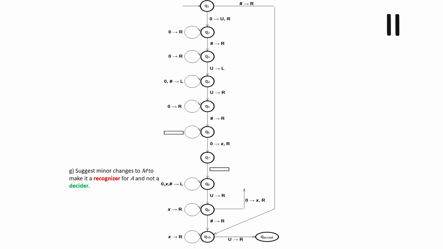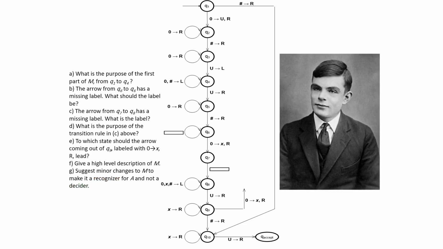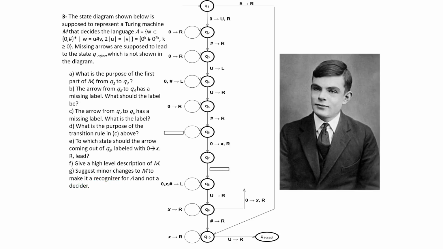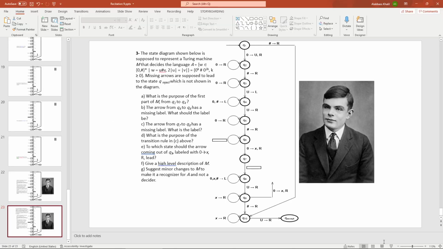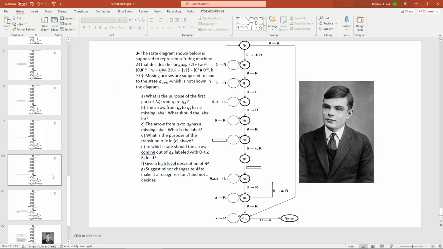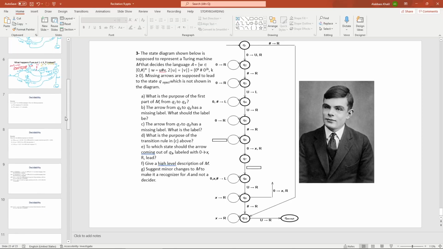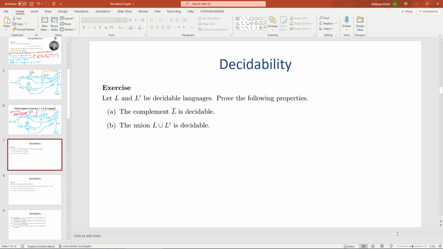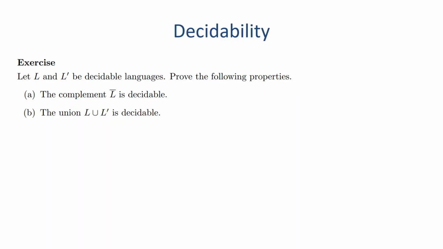I'm not going to resolve it here because it's in Recitation 8, in the recording we did, so make sure you revise that one for the third idea, which is how to understand a machine that's drawn for you. Instead, what I'm going to be focusing on is decidability, which is another big idea in here.